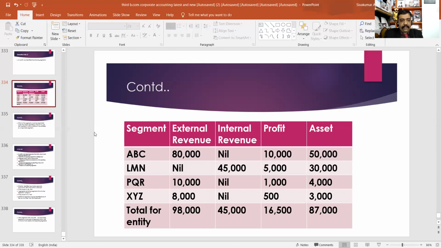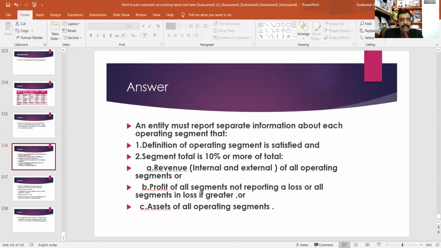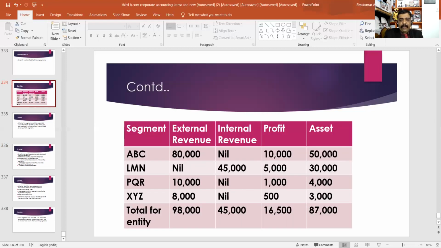Then another condition, 2C. Segment total is 10% or more of total assets of all operating segments. Total asset value is 87,000. Asset of segment ABC is greater than 10% of the total asset. Likewise, asset of segment LMN is greater than 10% of total asset of the entity.